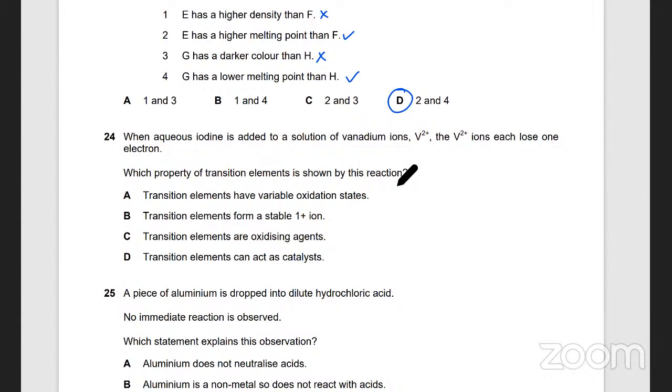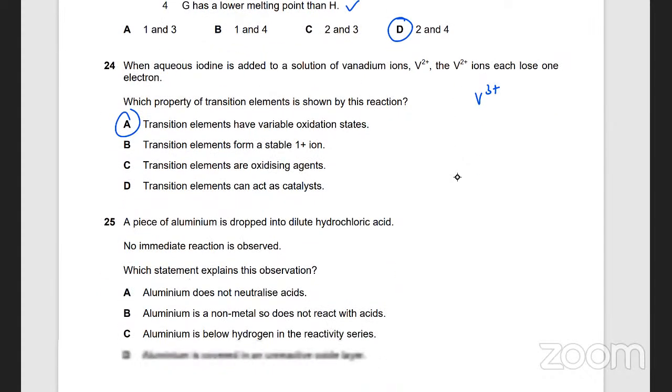High. फिर ऑक्सीडेशन स्टेट्स, variable oxidation states. और फिर लास्ट ये कि वे very good catalyst होते हैं. ठीक है. तो इससे क्या पता लग रहा है? V2 plus ions lose 1 electron, so that means they are forming V3 plus ions, right? So that kind of indicates that it's got variable oxidation states.